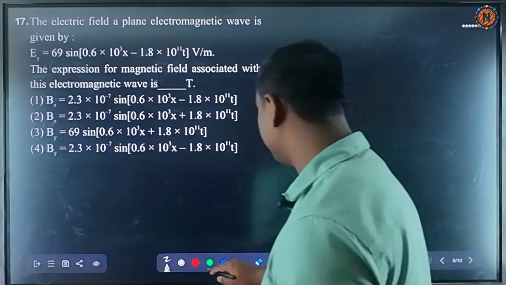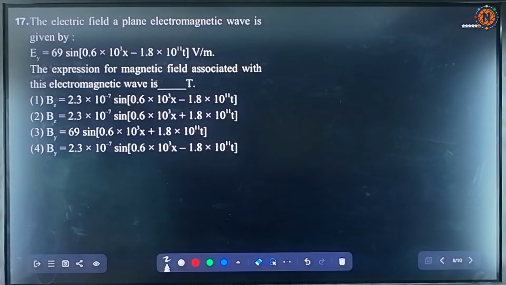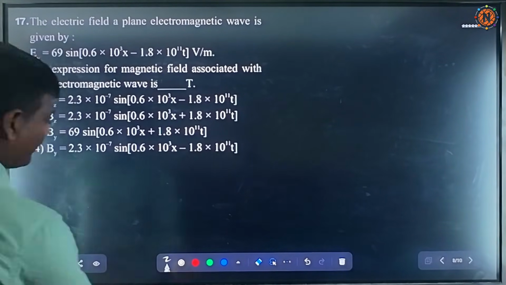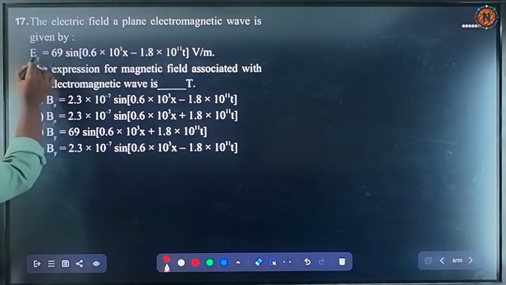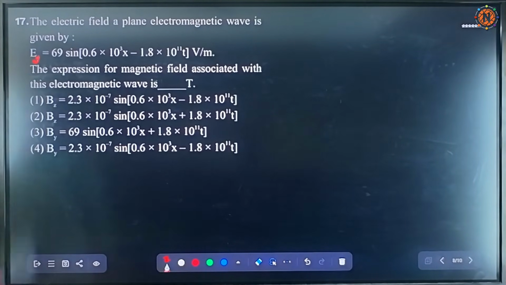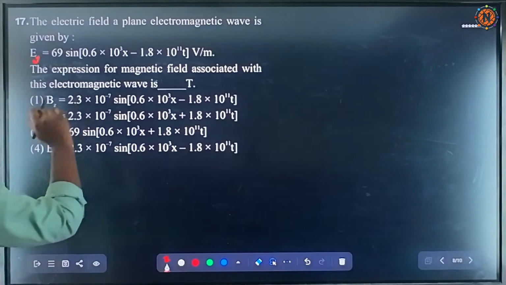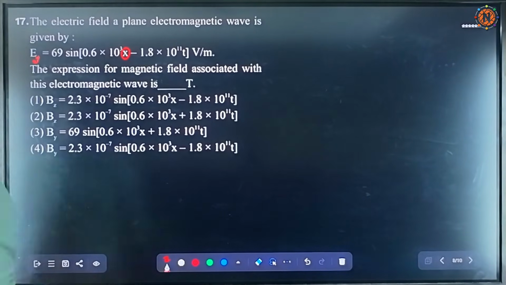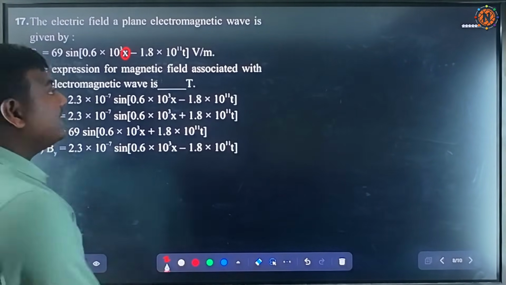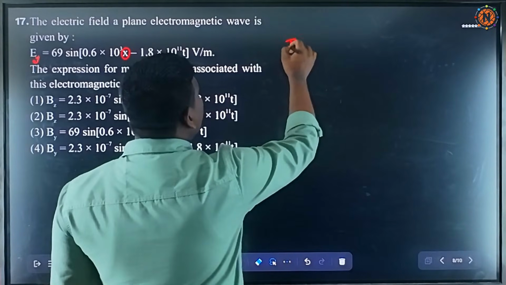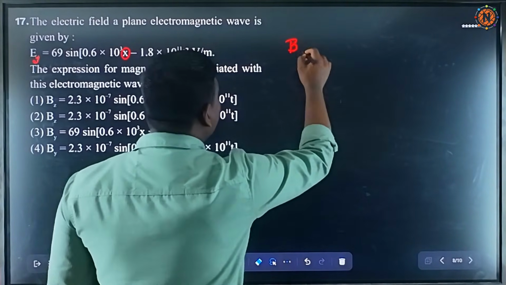The electric field of an electromagnetic wave is given like this. From this we can see the electric field is oscillating along the y-axis, and the electromagnetic wave is going along the x-axis. So we can say that the magnetic field will oscillate along the z-axis.